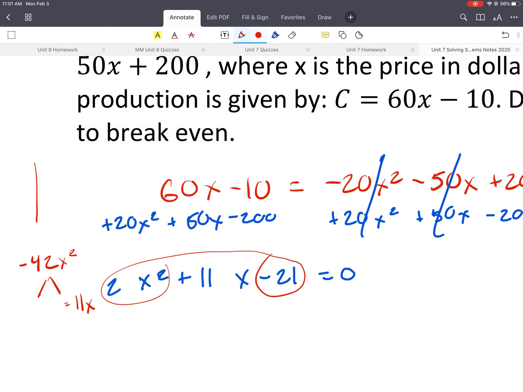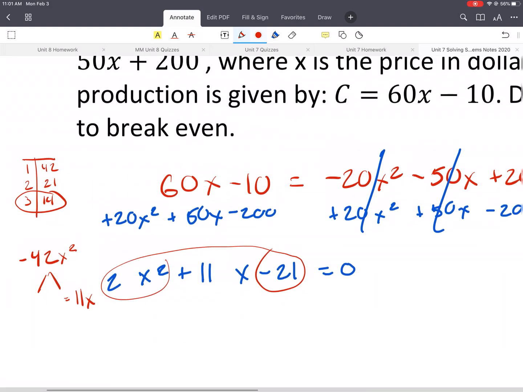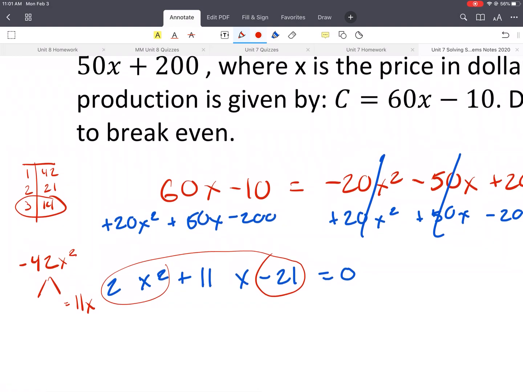So here maybe we'll do our factor pairs. We can do 1 and 42, 2 and 21, 3 and 14. Oh, and that works. So we can make that work to make us 11. We'll just need to choose 14x minus 3x.